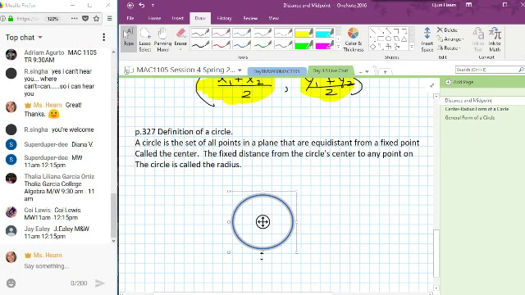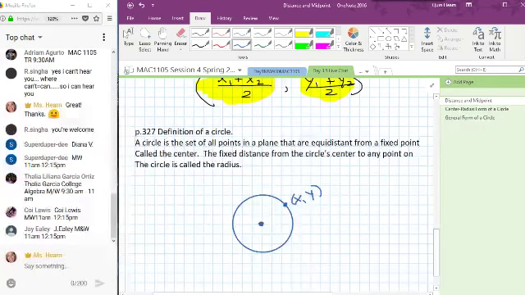It looks a little bit more like an ellipse. Let's make it more round. What every point on the circle has in common is that it's the same distance from the center. That distance is called the radius, so we often denote it with an r. And the center we denote with h, k.